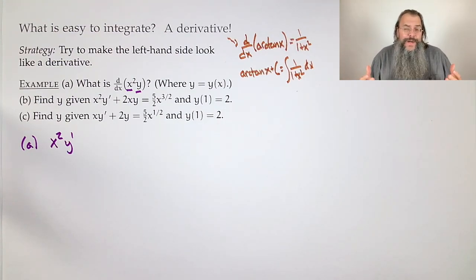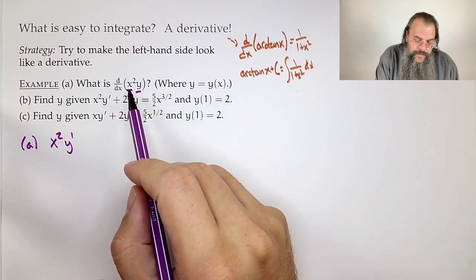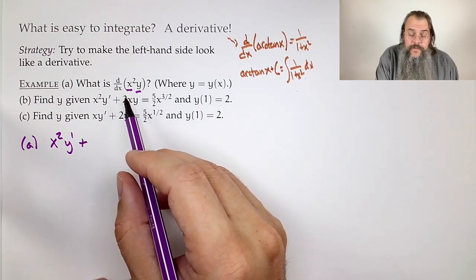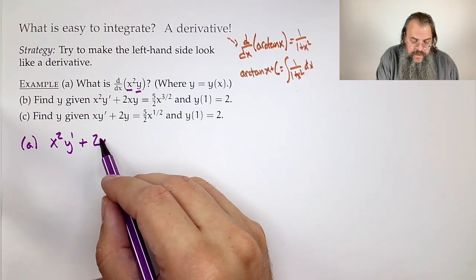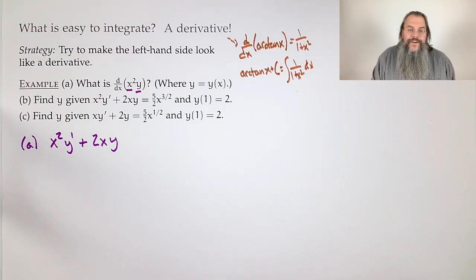I tend to write y prime a lot, mostly because it's faster for me, but you could also write dy dx. Okay, now we're not done yet. We take the first times the derivative of the second, and add to that the derivative of the first, 2x, times the second. There we go. That's it. That's part A. We're done. Great.